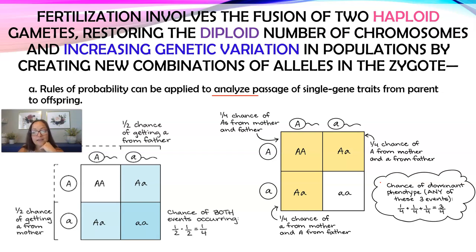It would be 1/4 plus 1/4 plus 1/4, which is 3/4. The rule of multiplication really comes in handy when you're talking about multiple genes and multiple traits. And so I have YouTube videos that show solving dihybrid or two trait crosses using the rule of multiplication. I think that is a super helpful thing to know how to do.